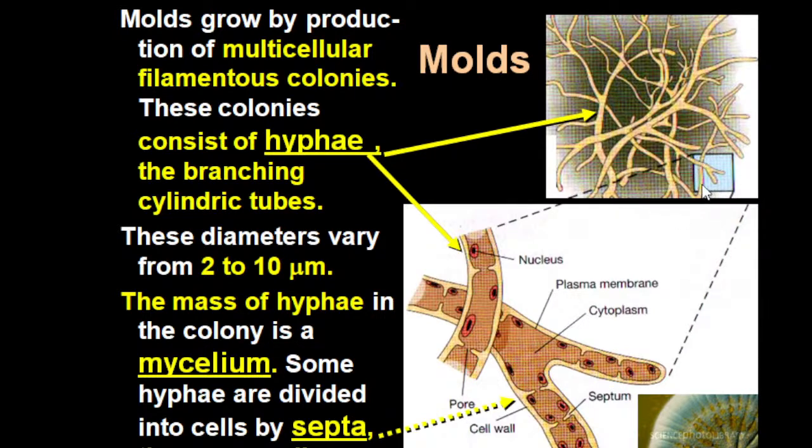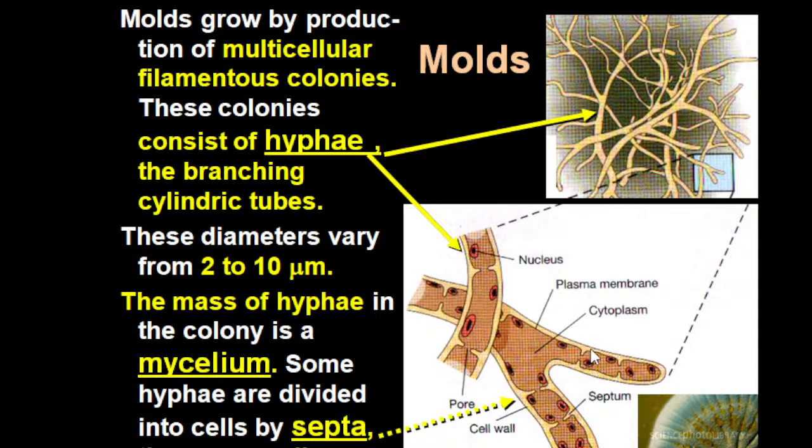When we take a closer look at this fragment of the hyphae, we don't call them pseudohyphae, they are true hyphae. These are true hyphae, branching cylindrical tubes. You can see here that these branching cylindrical tubes are not separated from one fragment to another one. So there is one multicellular organism.